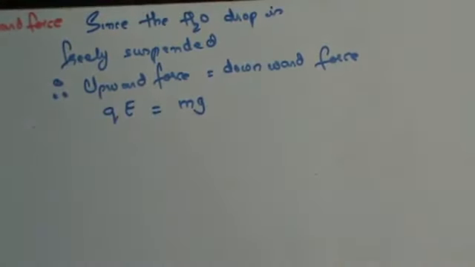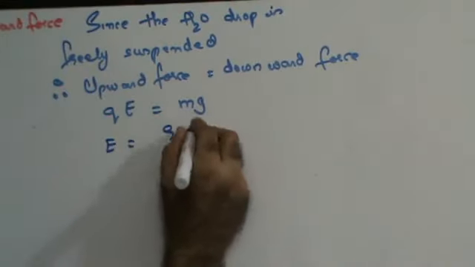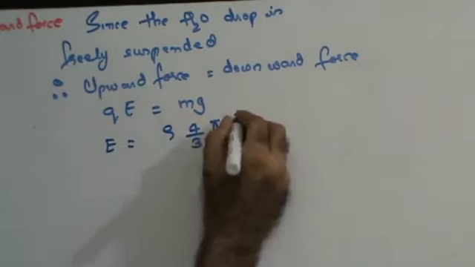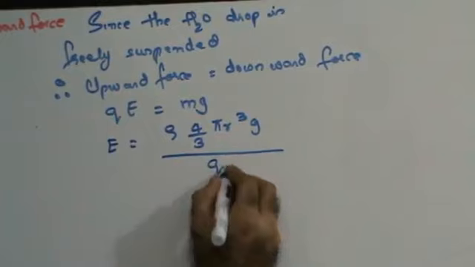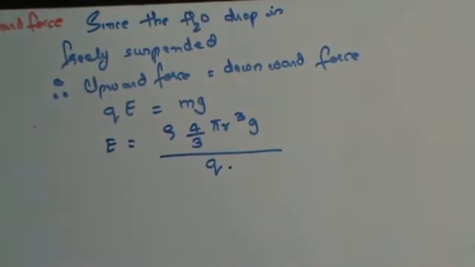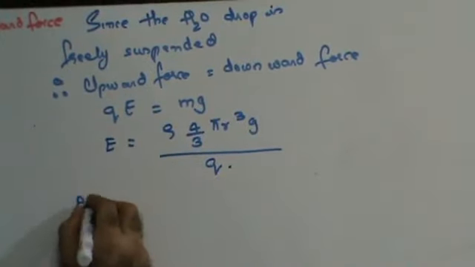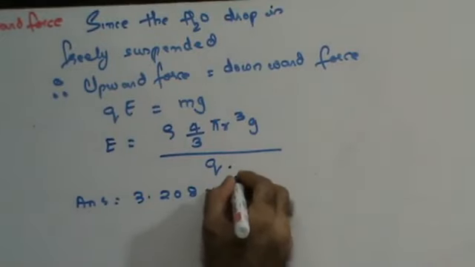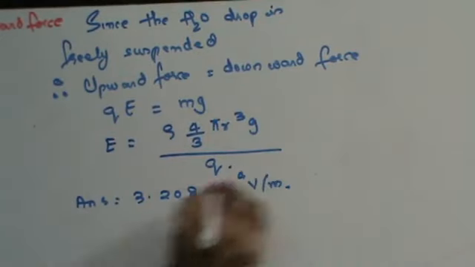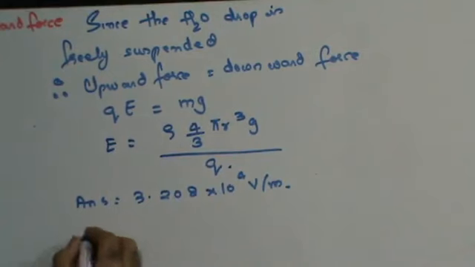They have asked you to find out the electric field, E. Mass you just found out as rho 4 by 3 pi r cube, G upon Q. You will get the strength of the electric field. The answer for this should be 3.208 into 10 raised to 4 volts per meter. Next, take our next sum please.